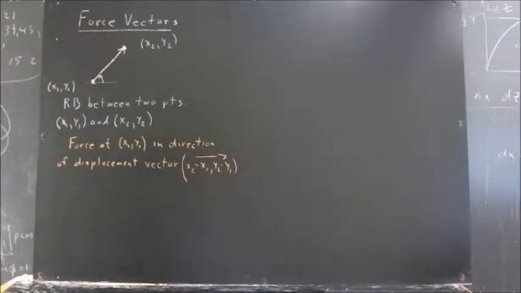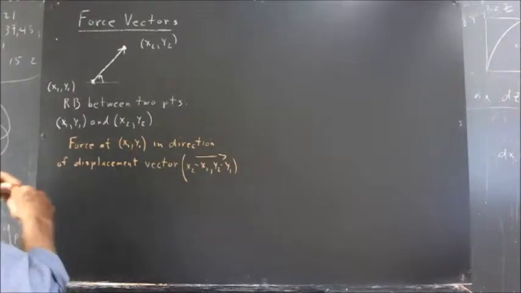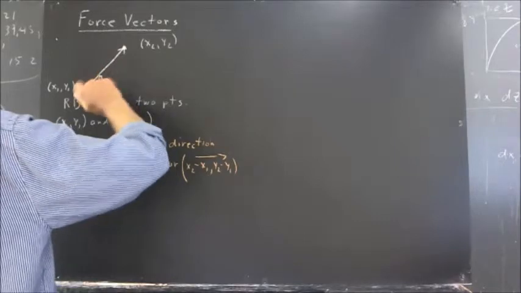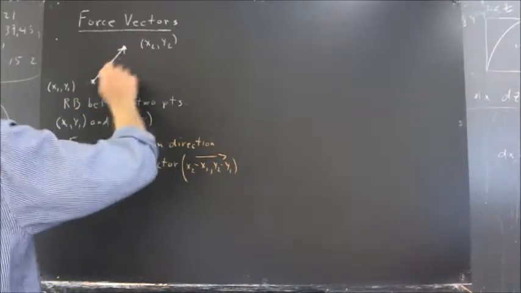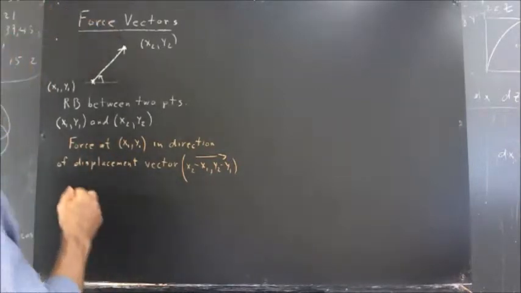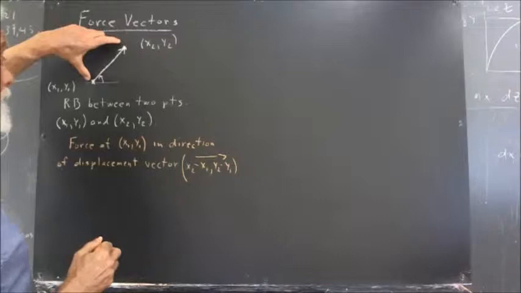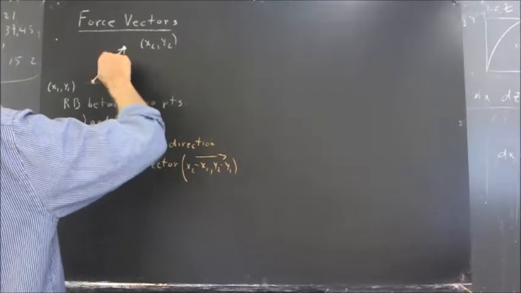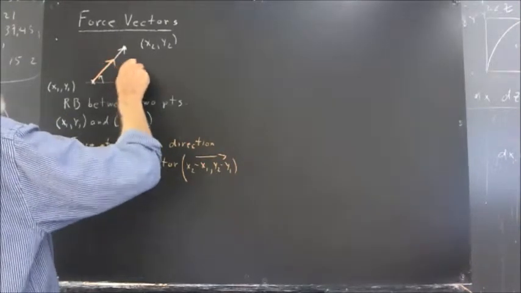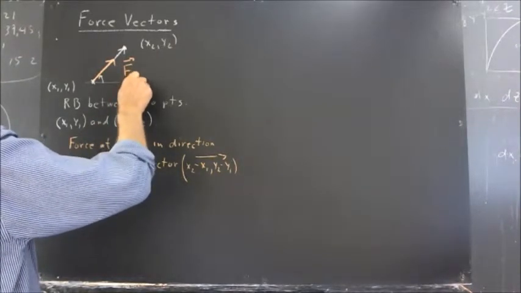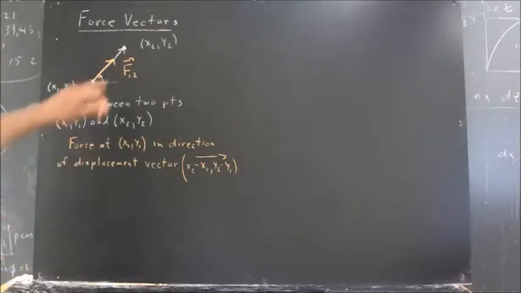Now, that force vector I'm going to indicate by an orange vector in this case, and it's going to be in the direction of this vector. It's going to have a completely different scale. It's not going to be a length. The displacement vector, the magnitude is the length. But let's just draw that force vector. We can draw it at any length we want. Let's draw our force vector right here. Okay, so that's the force exerted at point 1 in the direction of point 2. So I'll call that F12.